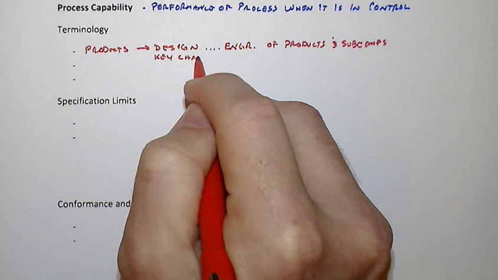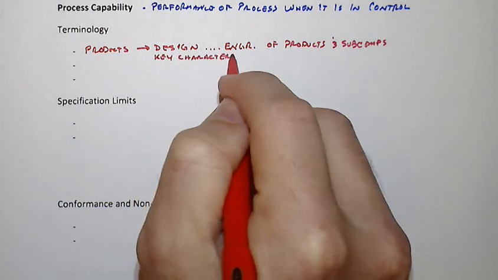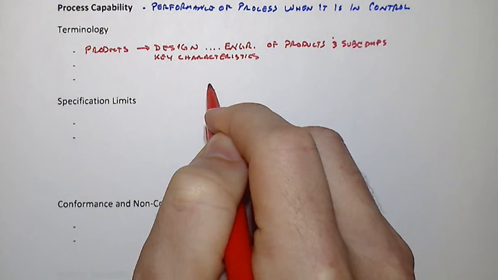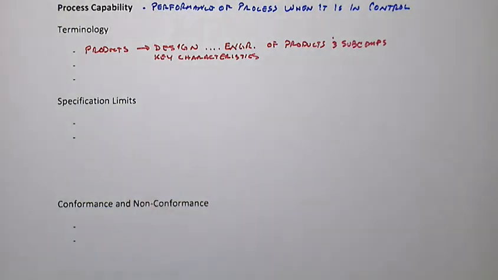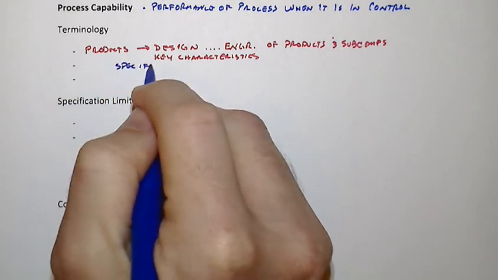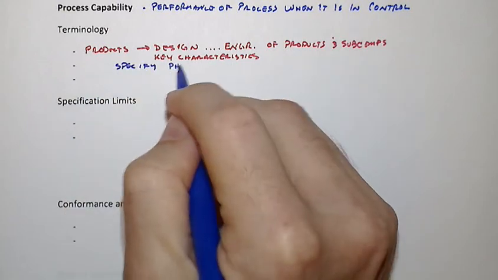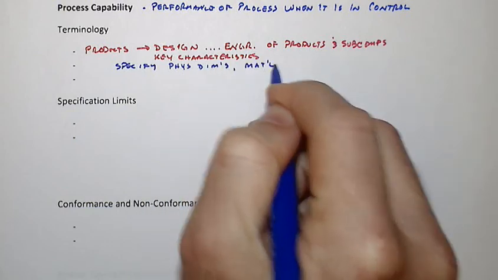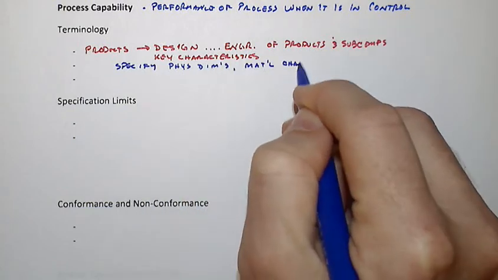And from a manufacturing standpoint of those key characteristics, of course, what we're oftentimes very interested in are to specify our physical dimensions, our material characteristics or properties.